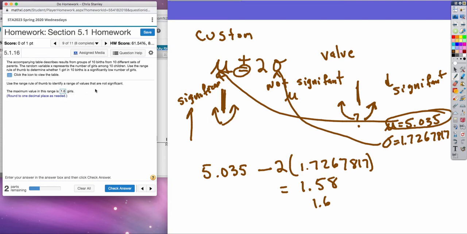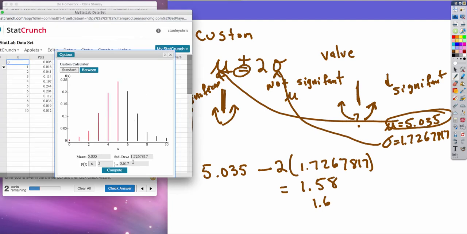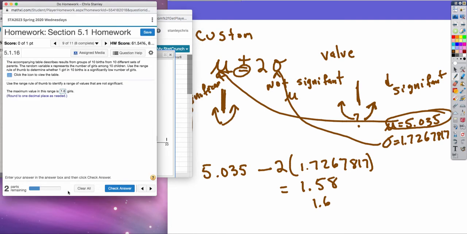This doesn't make sense, because I put my thing in wrong. Oh, max. Jeez Louise. For some reason I was thinking I said min.